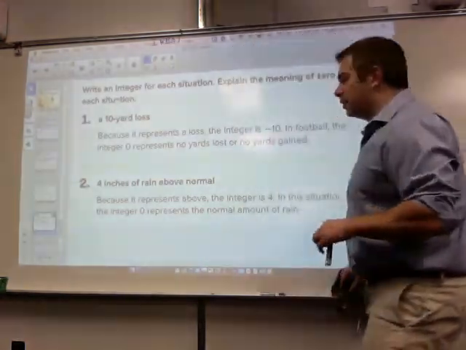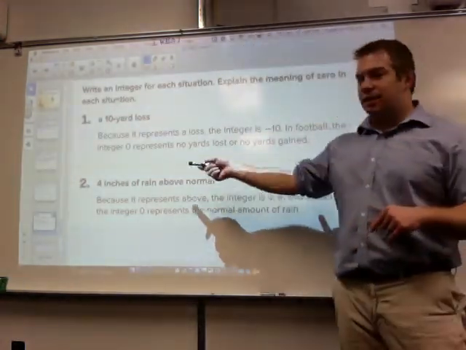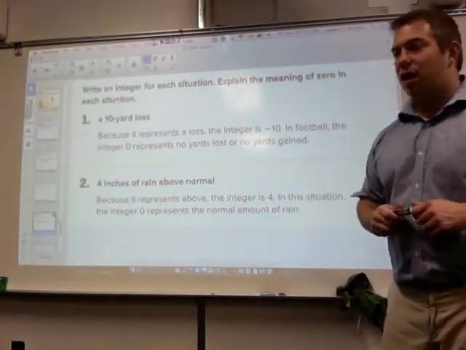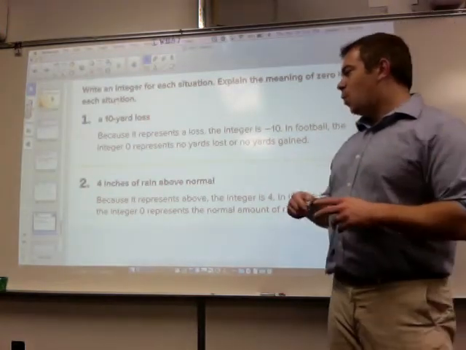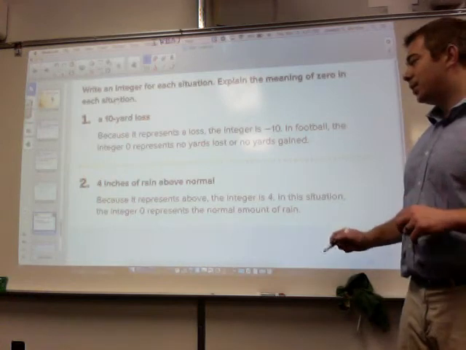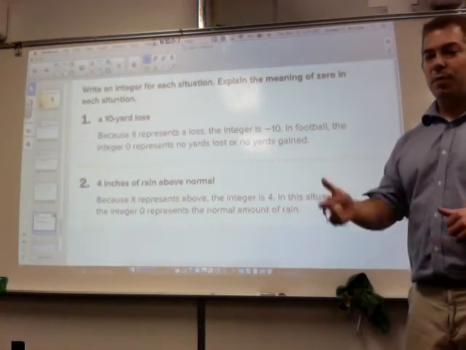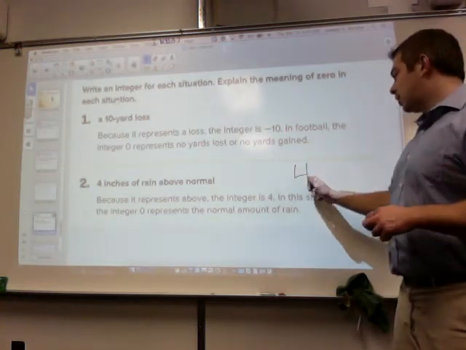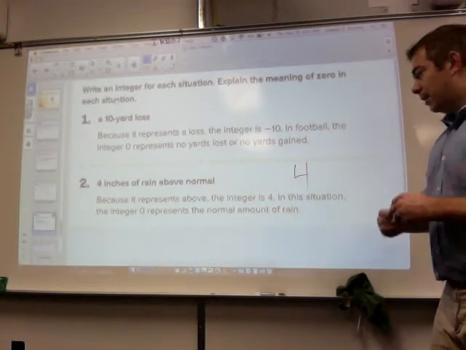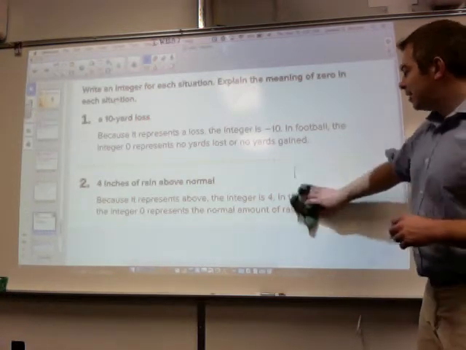Let's take a look at the second situation. I know it might be tough to see, but it says 4 inches of rain above normal. So what does the 4 represent as an integer? Well, 4 inches of rain above normal means it's positive, so it's simply just going to be 4. Alright, that's my integer. But what does 0 mean?